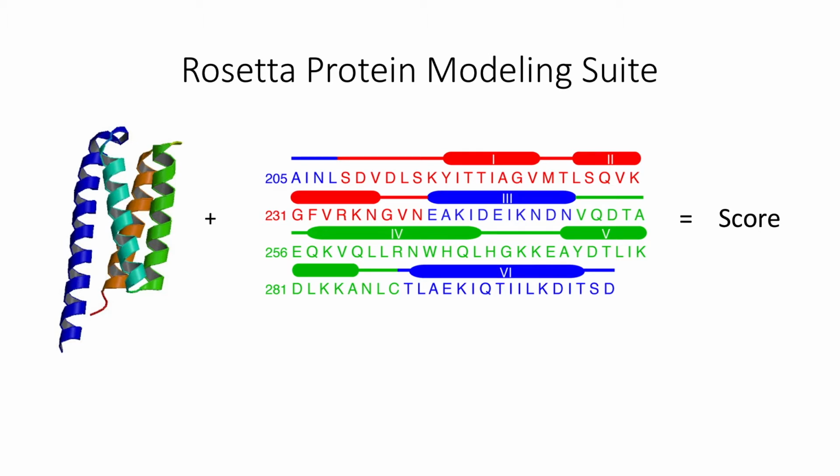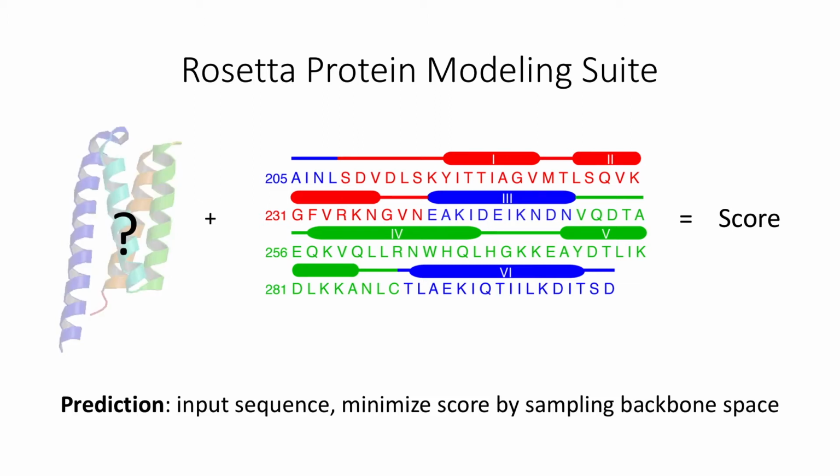The mechanics of this process is this score function in Rosetta, where Rosetta will simultaneously consider the structure of a protein and its sequence and assign the marriage of those two some sort of energy or score. And you can use this in two ways.